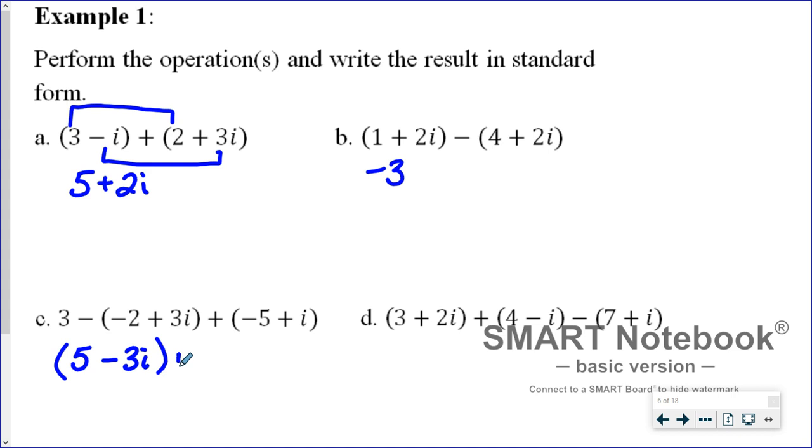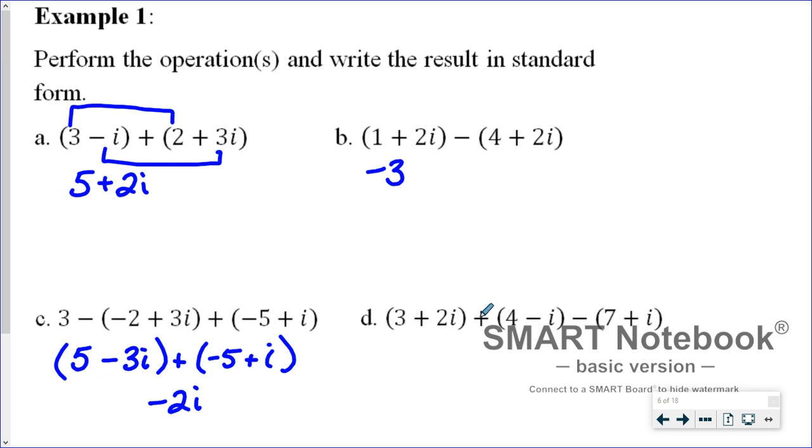And then we still have our plus -5 plus i. So 5 plus -5 is 0. -3i plus i is -2i. Again, if you put 0 minus 2i, that's fine, but it's not needed.